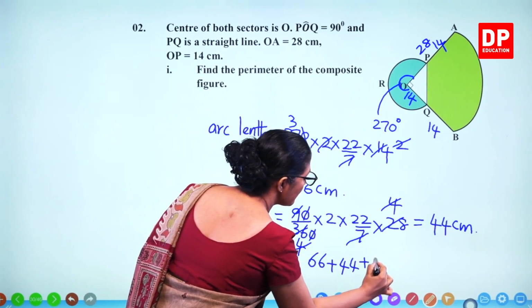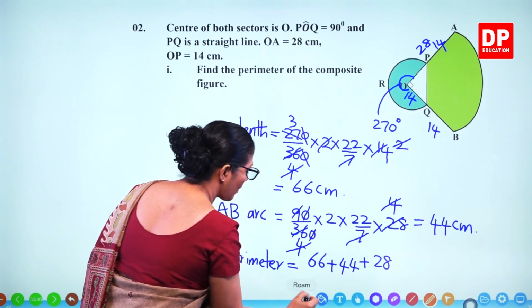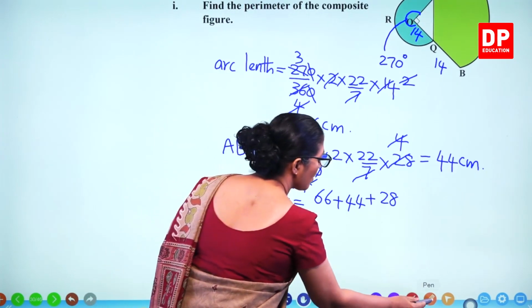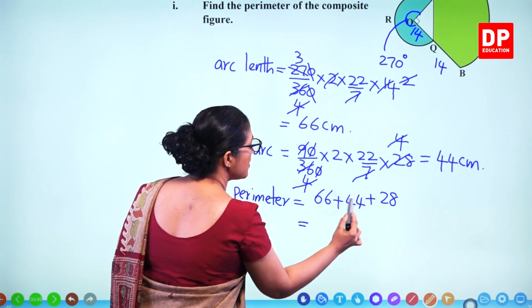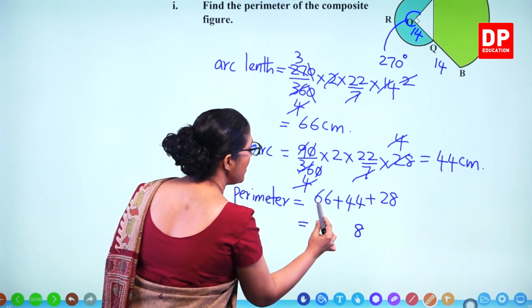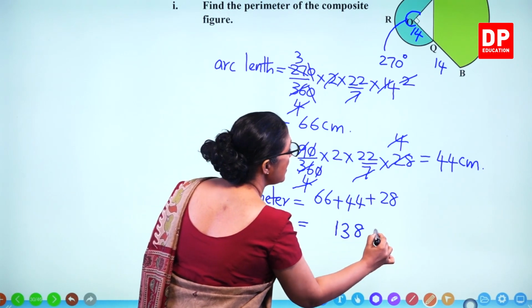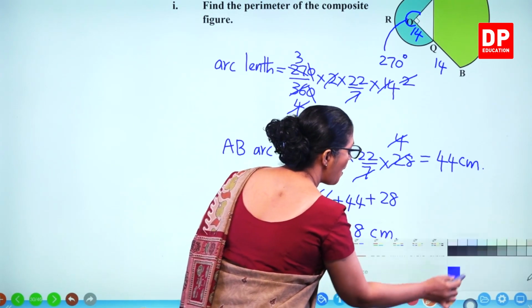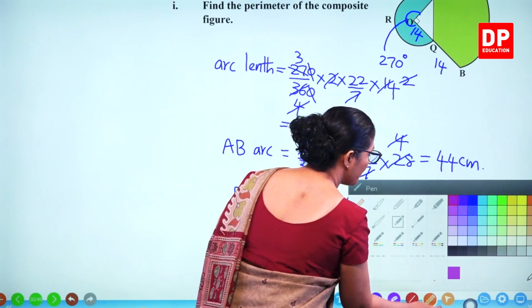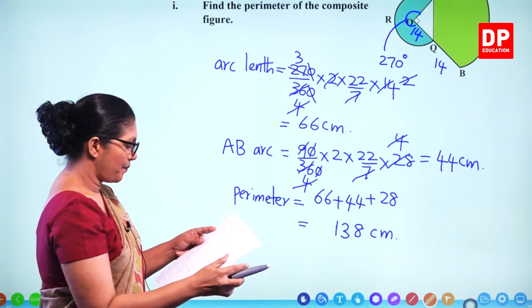That's 28. That's the answer: 66 plus 44 is 110, plus 28 is 138 centimeters, the perimeter of this composite figure.